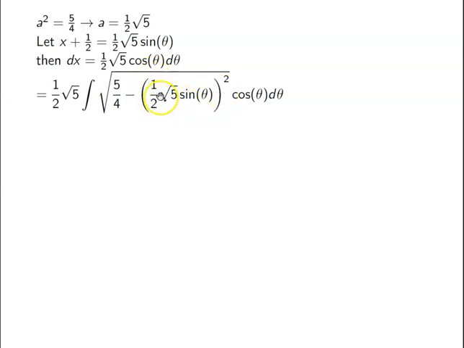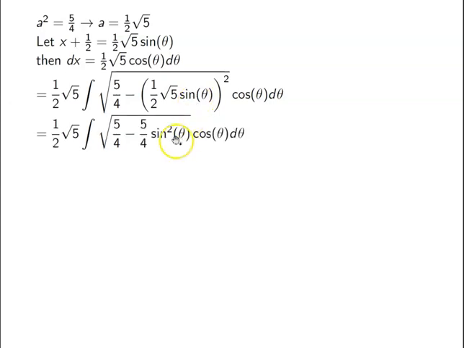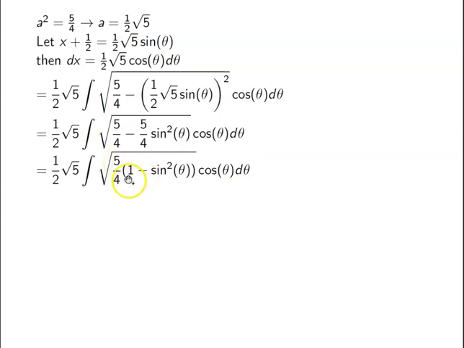So this turns into 5/4, right? This turns into sine squared. I can factor out that common 5/4. This I know is the same thing as cosine squared. Guess what I have over here? √5/4/2. What happens when I simplify this? √5/√4, which is √5/2. Okay.